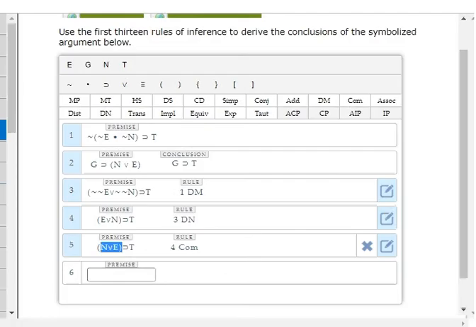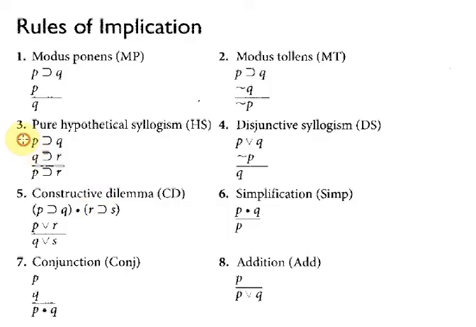Okay, well, that's going to give us the if G then T that we want, and remember, that is what we're trying to prove, is if G then T. And so our P is our G, our R is our T, and our Q is our N or E, right? Referring back to the form here.